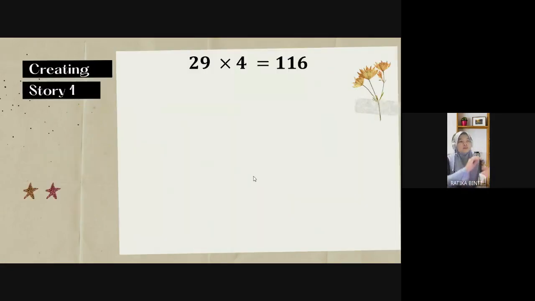Okay, now, if I have this number sentence, 29 times 4 is equal to 116. Okay, Aaron and also Neil Ryan. Okay. I have this question. 29 times 4 is equal to 116. Okay. Can we discuss what are the objects that we can use to represent this number?